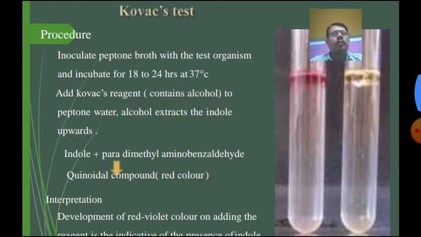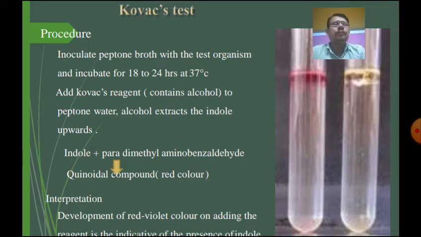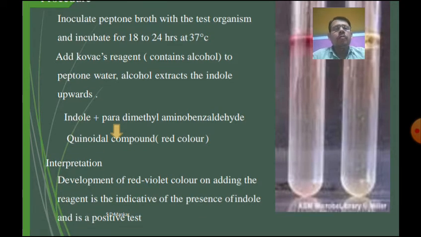Here you can see two test tubes: one produces a red color, the other has no red color change. Due to the presence of the indole ring, development of a red-violet color on adding the reagent indicates the presence of indole and a positive test. But in the case of Klebsiella there is no positive test.